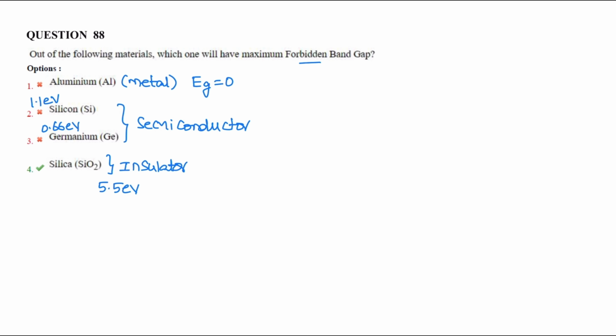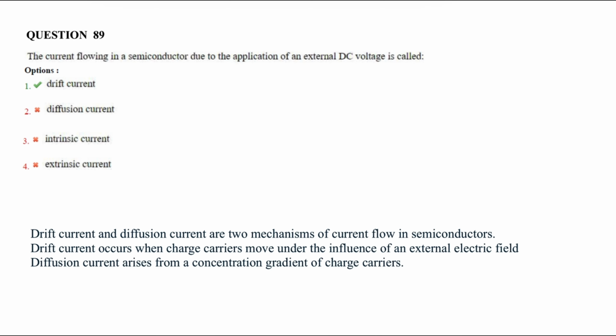So in conductors, this valency band and conduction band both are merged. So EC minus EV is 0. Energy band gap is highest for insulators. So correct option is 4.